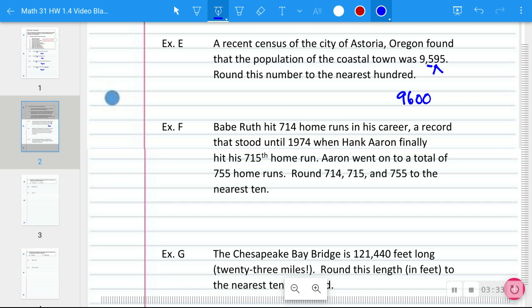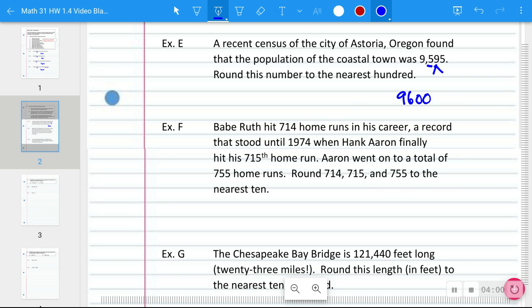Okay, Babe Ruth hit 714 home runs in his career, and until 1974, when Hank Aaron beat his record, that stood almost 34 years. Actually, I think that's what that turns out to be. 30-some years his record stood. Hank Aaron's accomplishment was to hit a 715th home run and then go on till he got to 755.